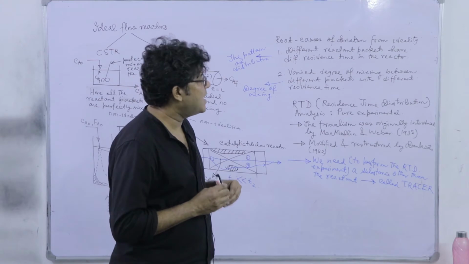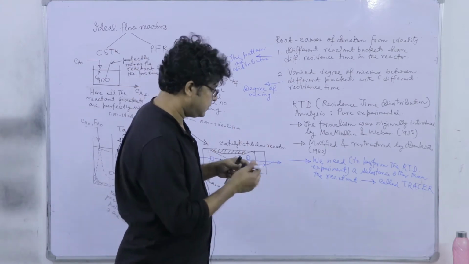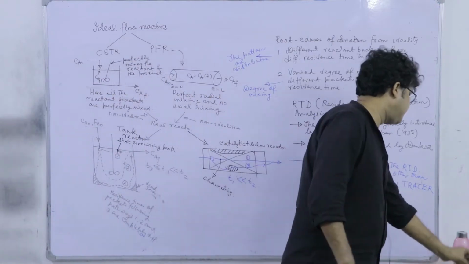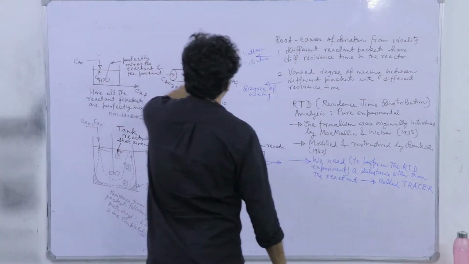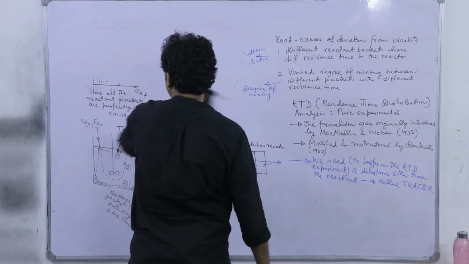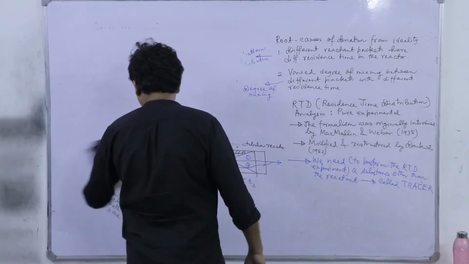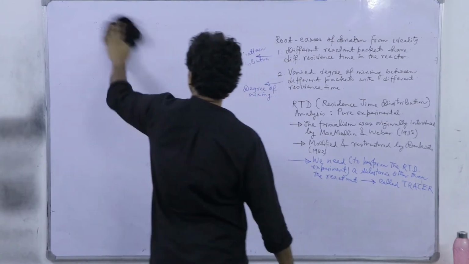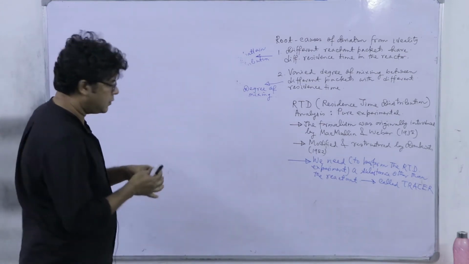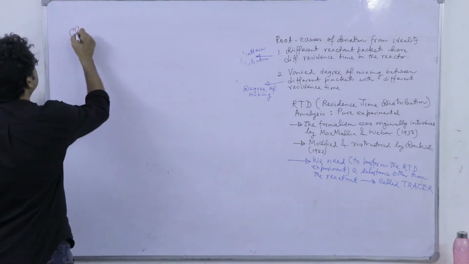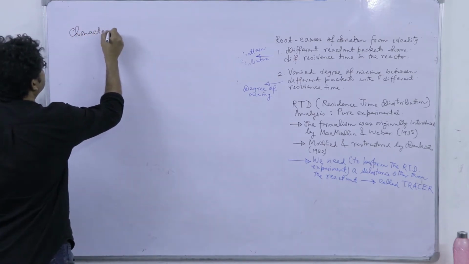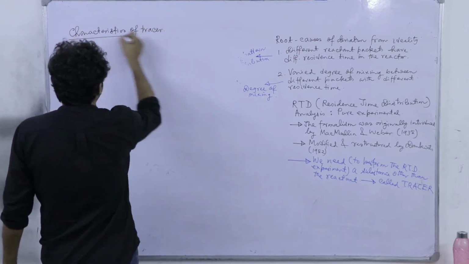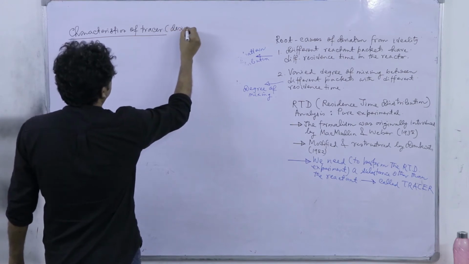So, what is a tracer, or what are the characteristic properties of an ideal tracer? These are the desirable properties.